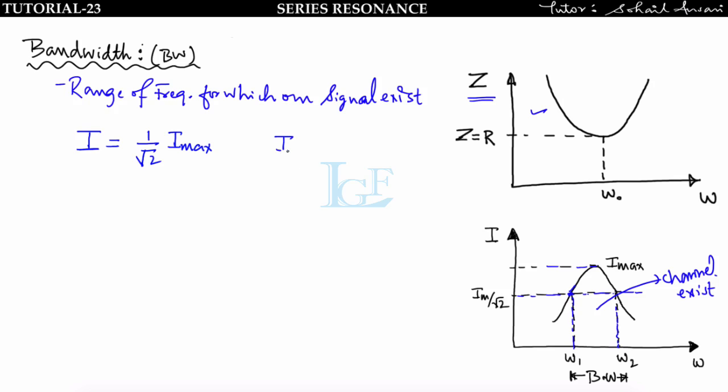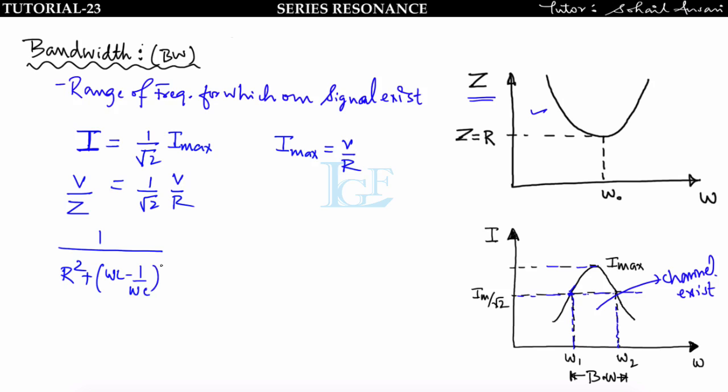Now under resonance, we know that I max is nothing but V upon R. So we can write 1 by root 2 times V upon R, and this is the instantaneous value of current, which is written as V upon Z. Now V will cancel out, so I will get 1 upon Z, where Z is the square root of R square plus (omega L minus 1 upon omega C) whole square, equal to 1 by root 2 R. So squaring both sides, we will get 2R square is equal to R square plus (omega L minus 1 upon omega C) whole square.